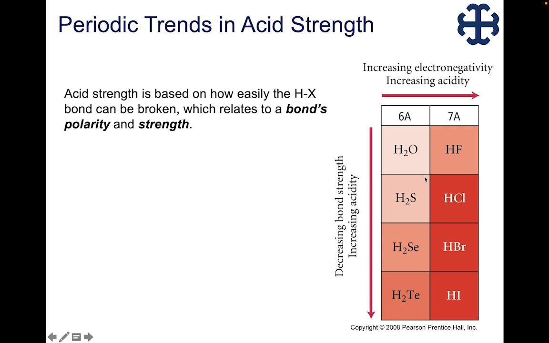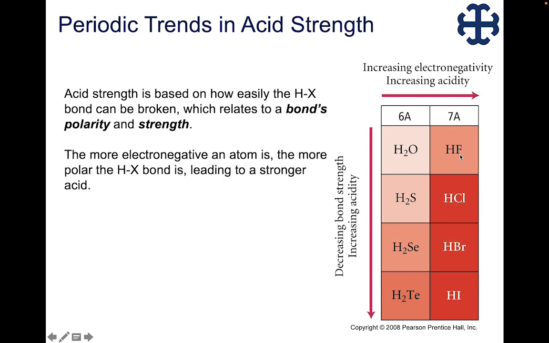And so as something gets more electronegative, it generally becomes more acidic, with the exception being HF. And the reason HF is an exception is because as we get larger in size too, our acids also typically get stronger. But because F, fluoride, is very small, it actually kind of balances those factors out. And so HF is actually just a weak acid.